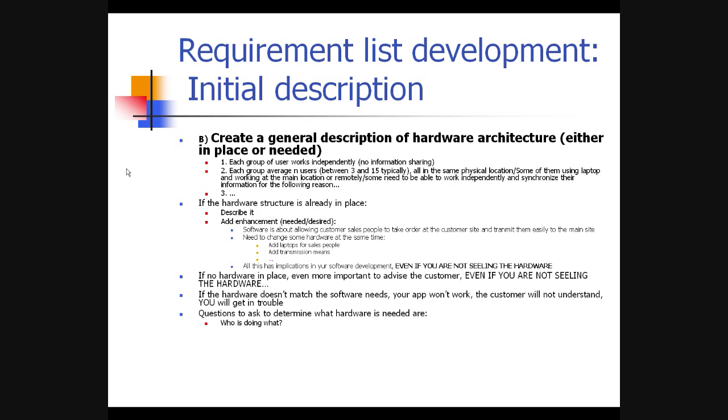Who is doing what, where, and how. That's how you're going to find out if you need laptop, desktop, mobile device, capability to read barcodes, capability to print barcodes, and so on. There's no limit to what you're going to need to define on the hardware side based on the functionality of your software.